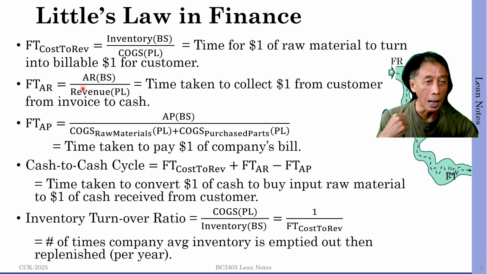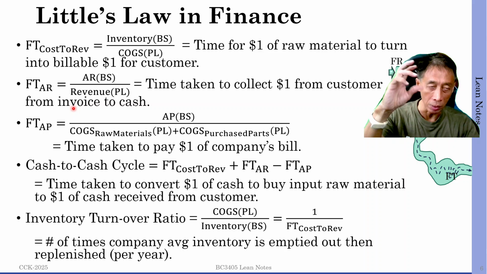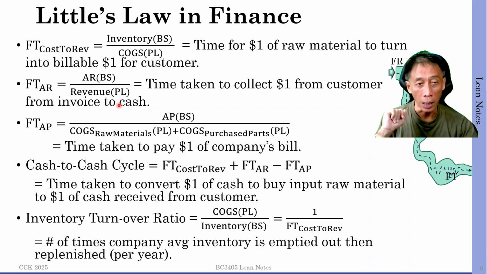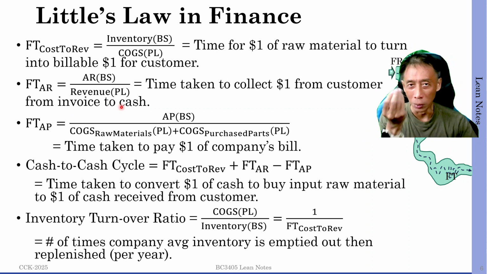Okay, so that ratio gives us the flow time of AR. What is that? Time taken to collect $1 from customer, from invoice to cash. Invoice means we tell the customer through a paper or email, you owe us $10,000. To cash doesn't mean literally cash.